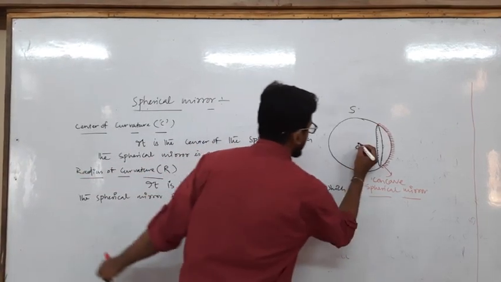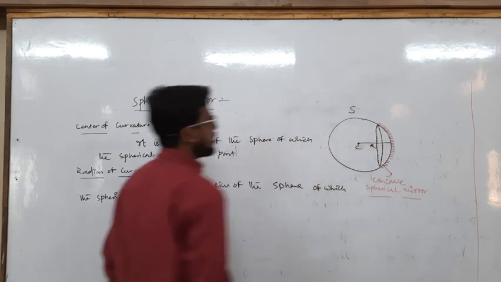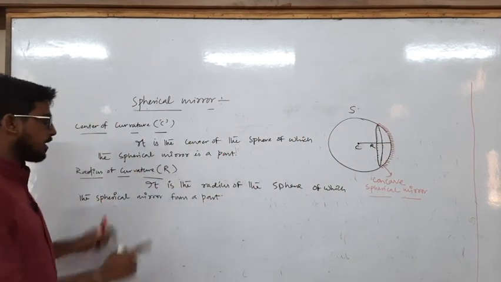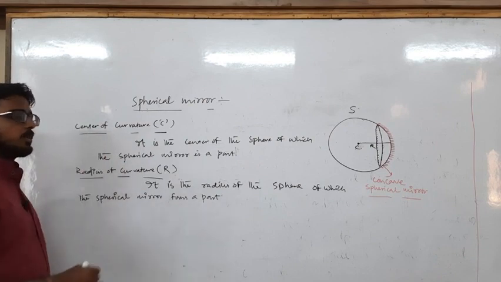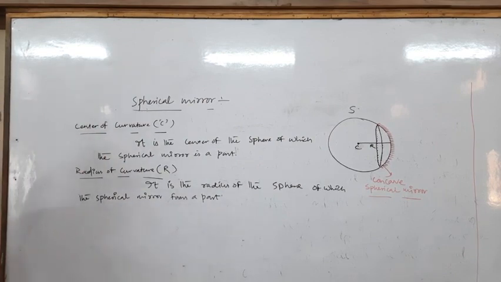Here, this will be the radius of curvature R, because the radius of curvature is the radius of the sphere of which the spherical mirror forms a part. Clear?